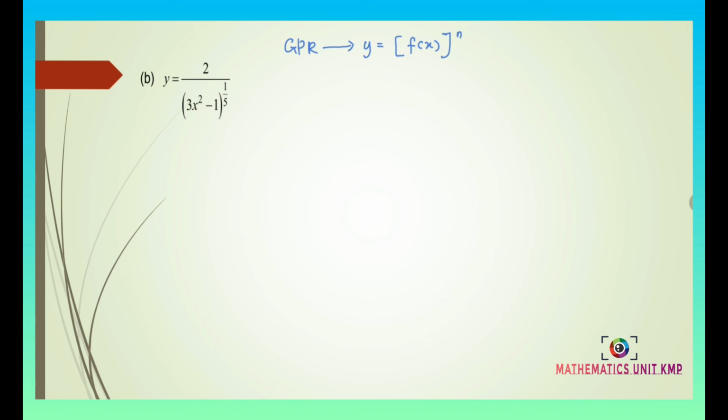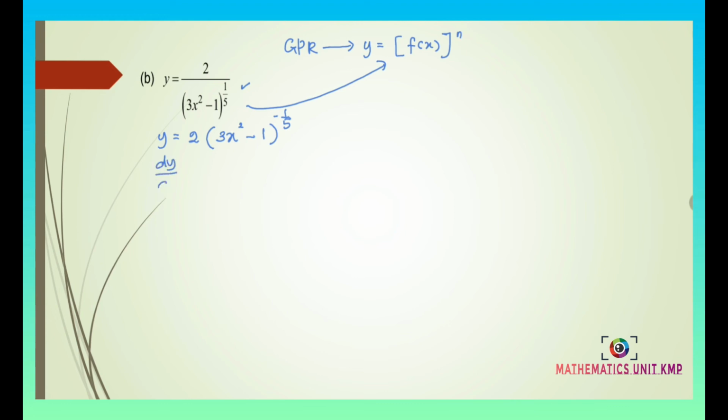Before we differentiate this fraction, we have to change it to a function like this. We change it to the form 2 times (3x squared minus 1) power negative 1 over 5. After that, we can differentiate y with respect to x by using the general power rule.